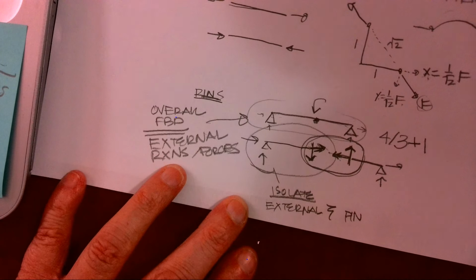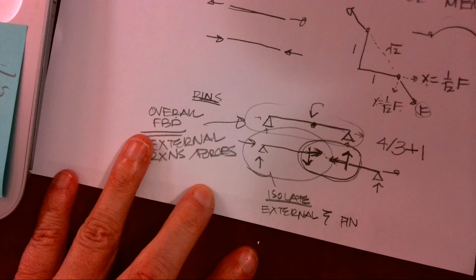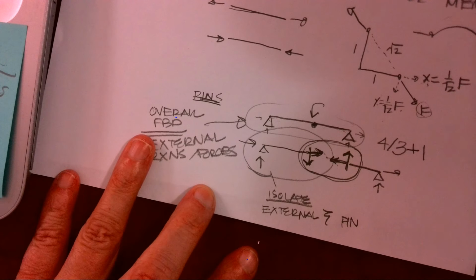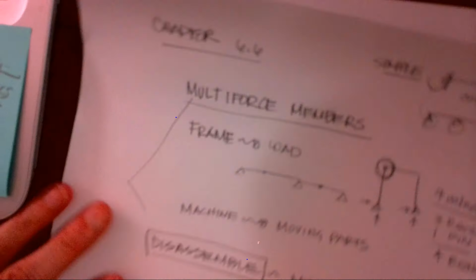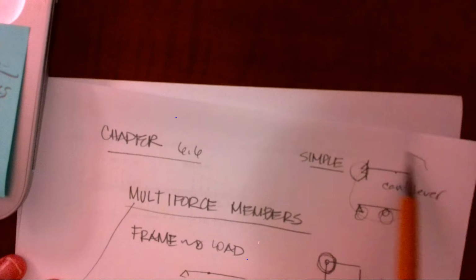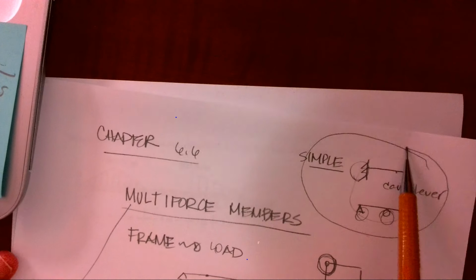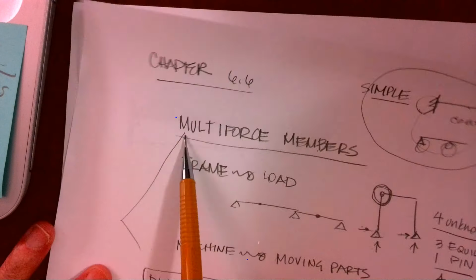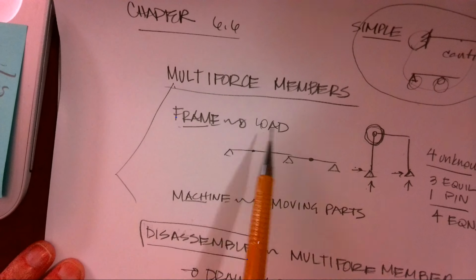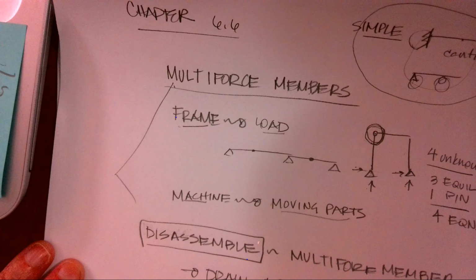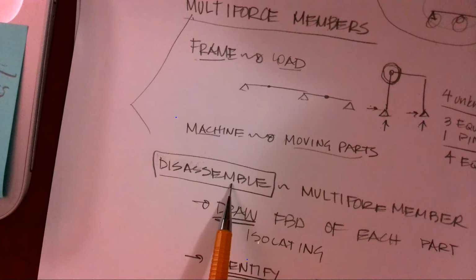I will work an example and try to go slow through it, but I'm hoping you can see that we started with this simple idea. We've already done that, and we're now moving into multi-force, which is a combination of frames and machines, so loads and moving parts.